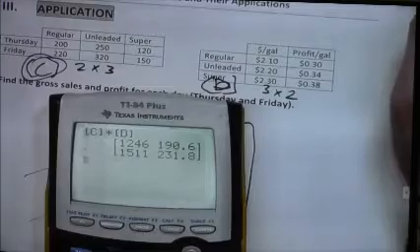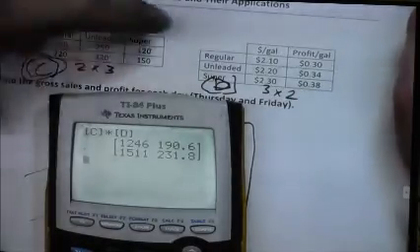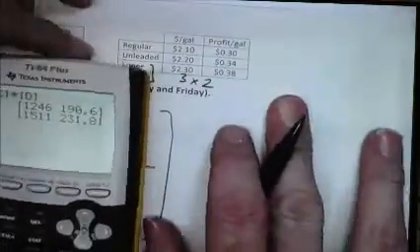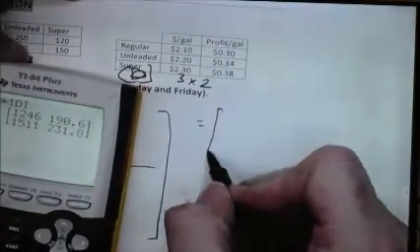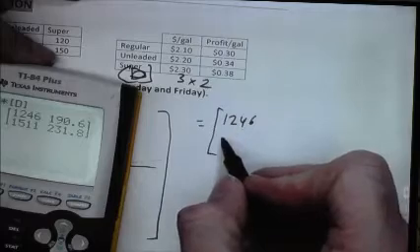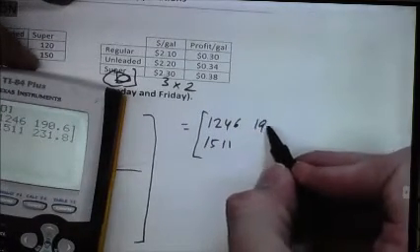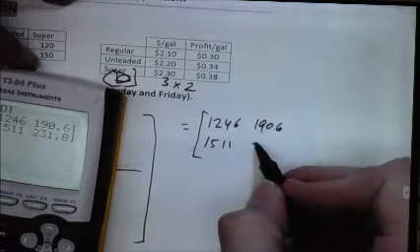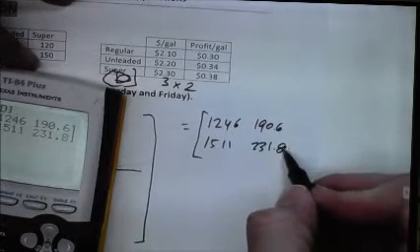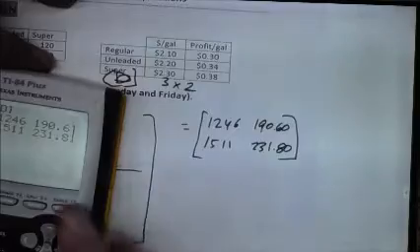Much better than doing it by hand. You're welcome to do it by hand, but much better to do it in the calculator. So that means what I have is equal to 1246, 1511, 190.6, 231, and I'm going to put the zeros just because we're talking dollar amounts here.